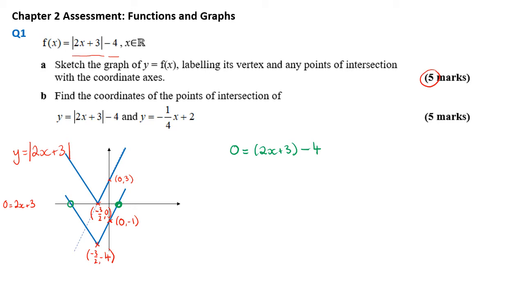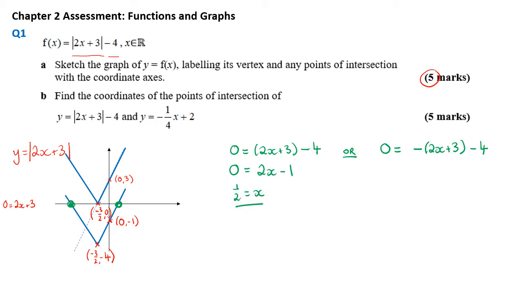So it crosses when y is 0, so 0 equals 2x plus 3 minus 4. And then this second part, in the reflected part of the modulus graph, will cross when this 2x plus 3 had the minus in front of it there. So I've now got the two equations to solve.